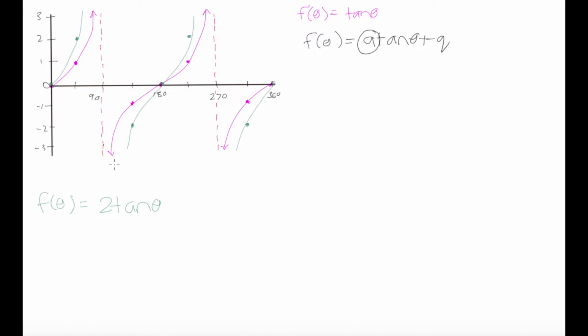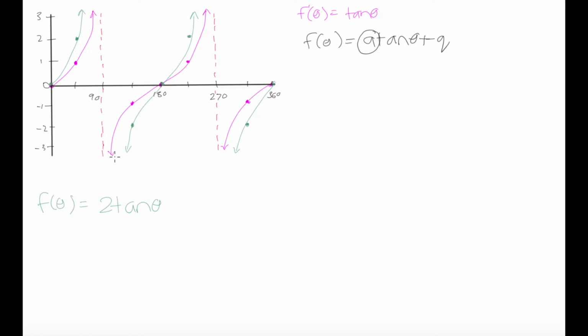So now when we look at our new graph, our green graph over here, we can see that our graph has steepened a little bit. It's become thinner, and it's easier to see in this entire period between 90 and 270.